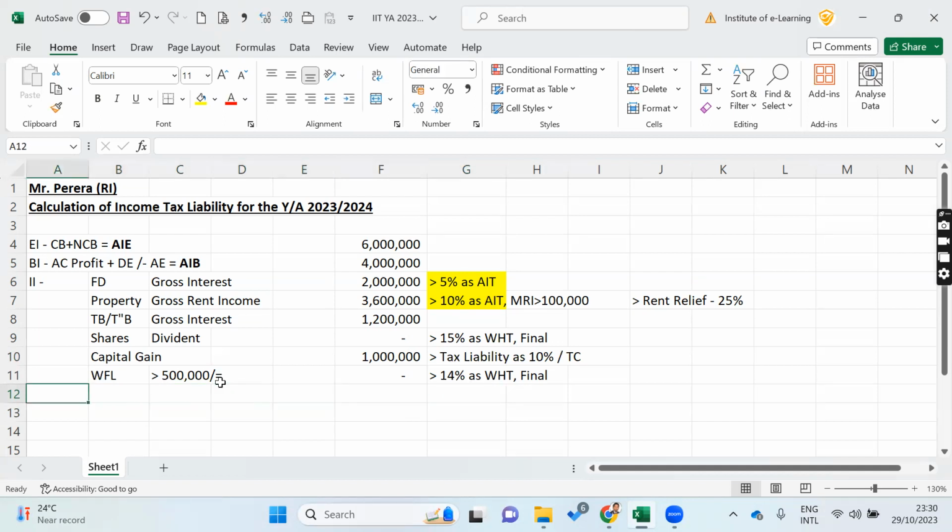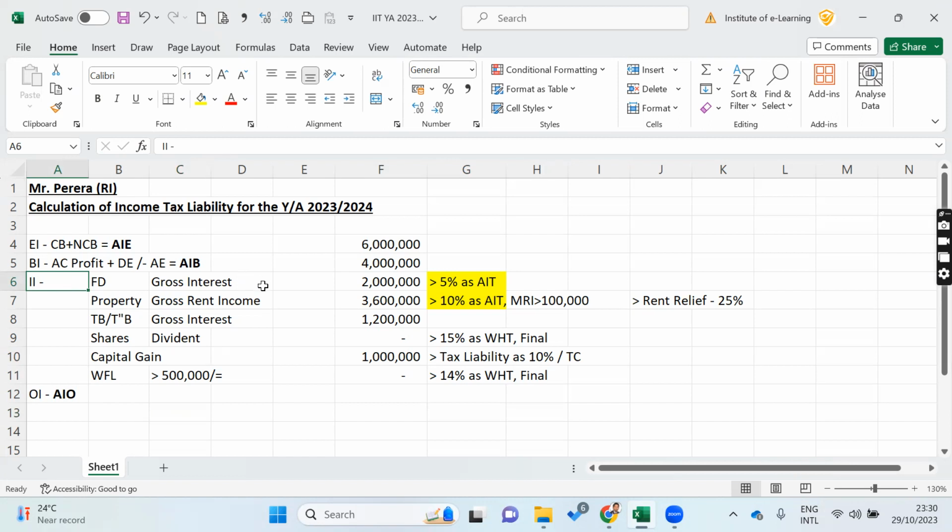Then anything that does not come under here, we call it other income. If you have assessable income from other, we have to take that, but mostly you don't have any other income. Other income is that which cannot be categorized under the above 3.